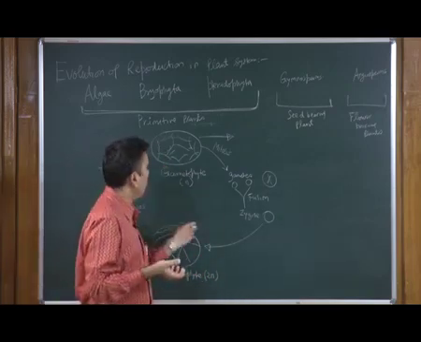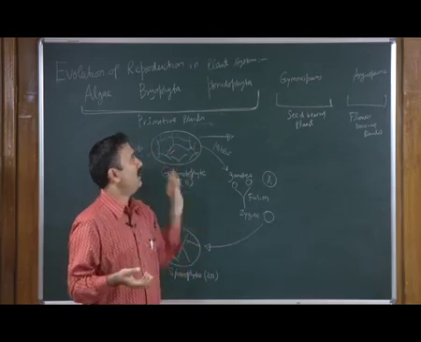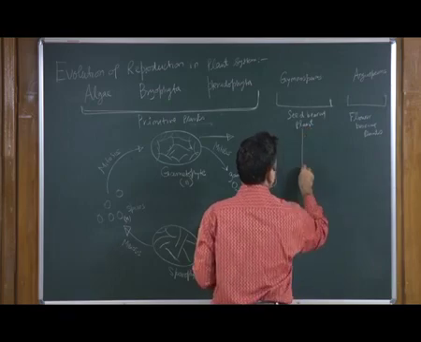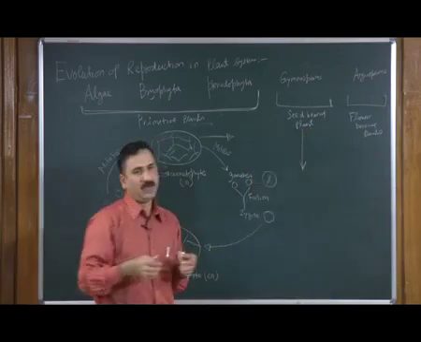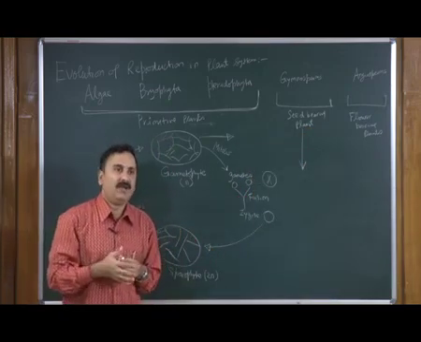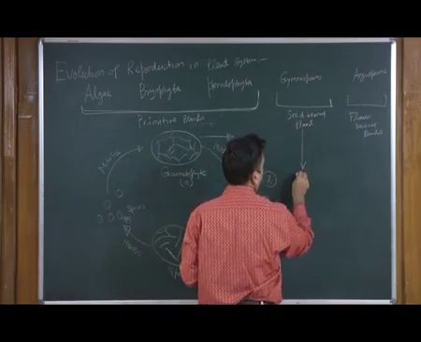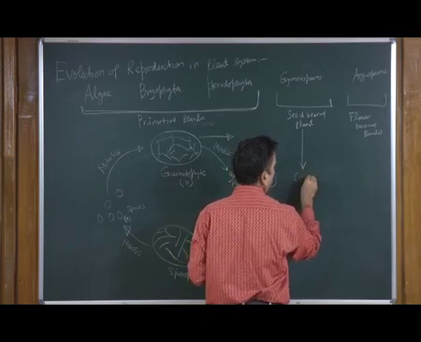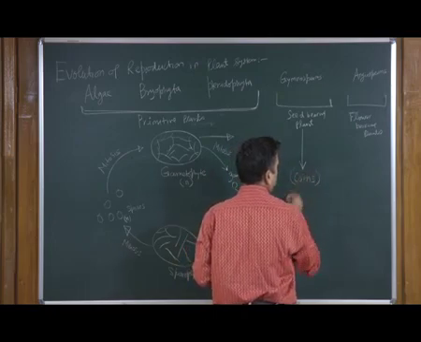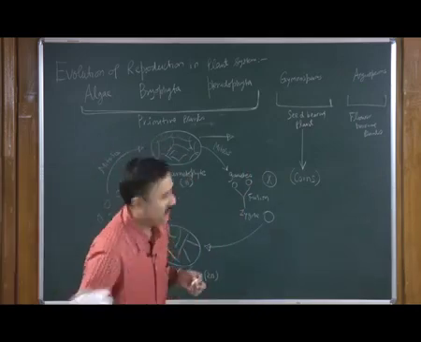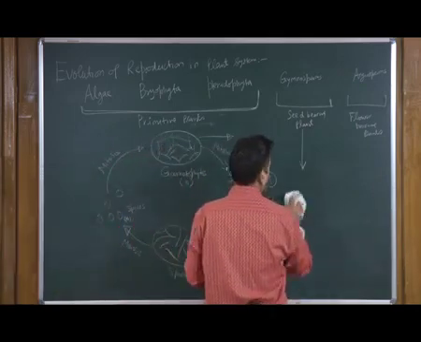So, these kinds of problems have been overcome in the gymnosperms. Gymnosperm is actually the first plant where the seeds appeared, and these seed bearing plants have seeds present in specialized structures known as the cones.